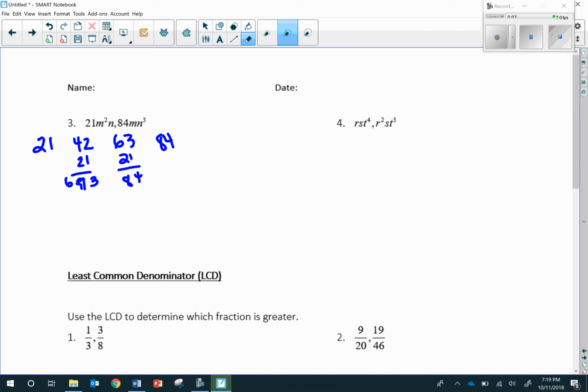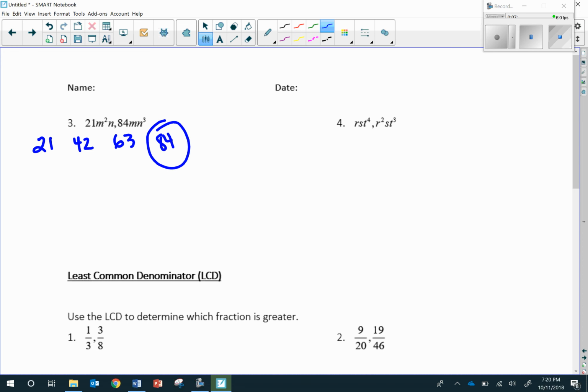All right, I'm just going to erase my work here so that we have more room. But as you can see there, that would be how you would find the multiples. So 21, 21 times 1, 21 times 2, 21 times 3, 21 times 4. I can already see what our least common multiple is going to be, as our second number is in fact 84.